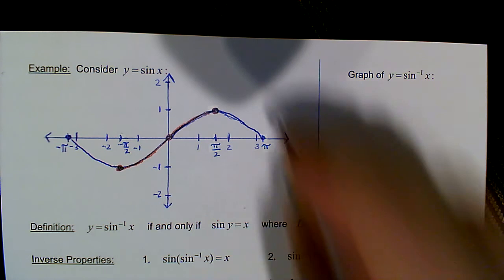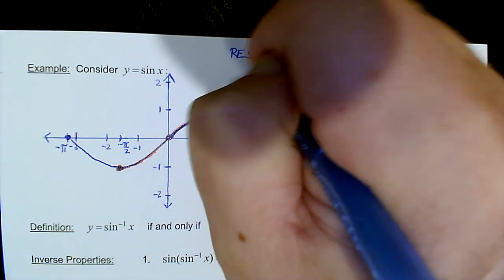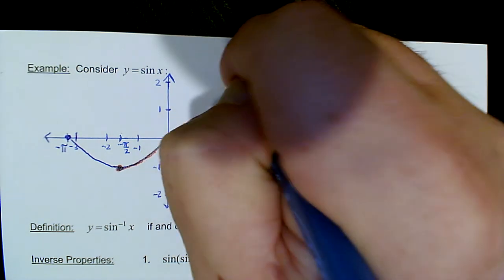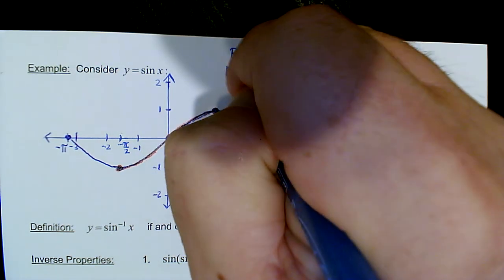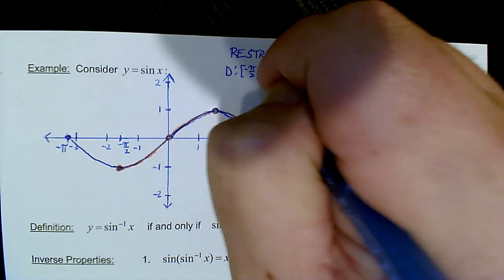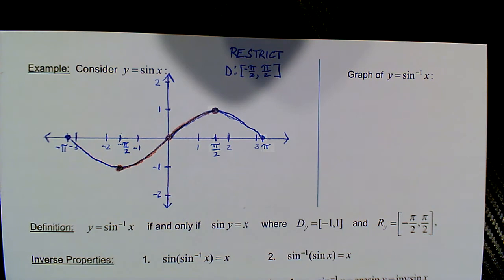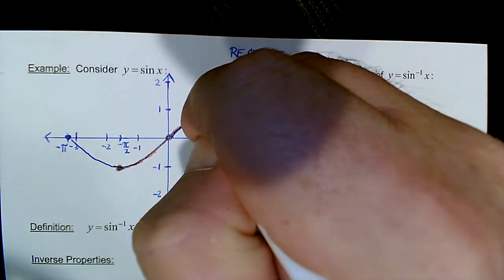So if we restrict the domain to negative pi over 2 to pi over 2, then it is one-to-one, and we could define the inverse. Now the inverse is a reflection in the line y equaling x.